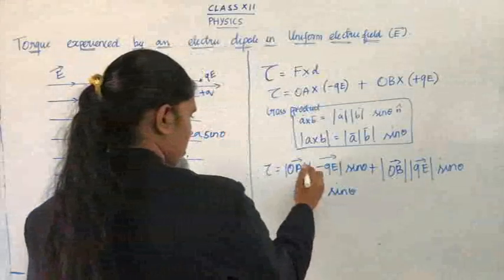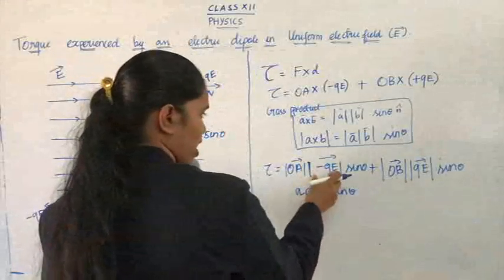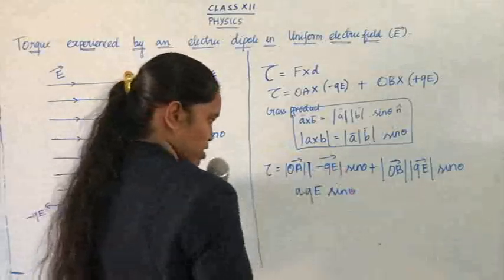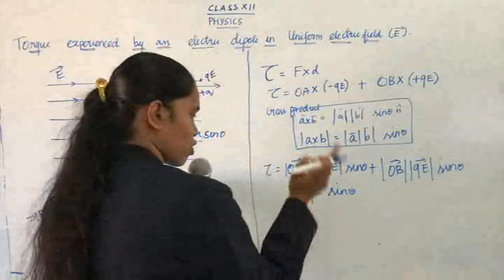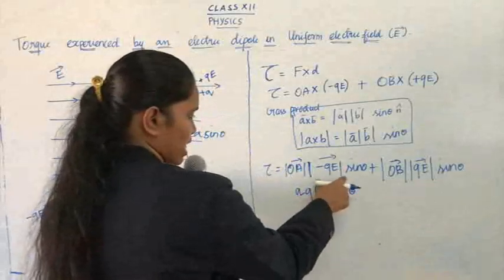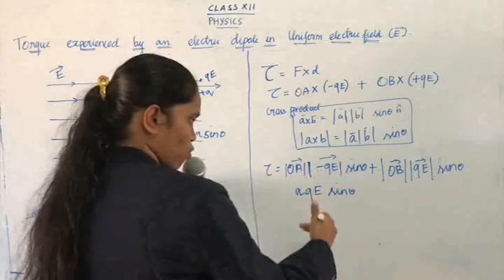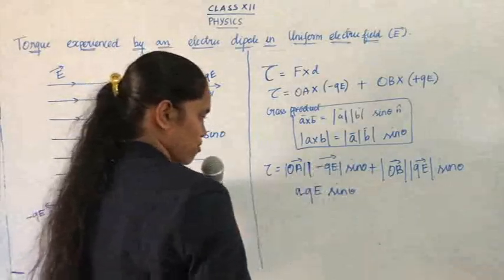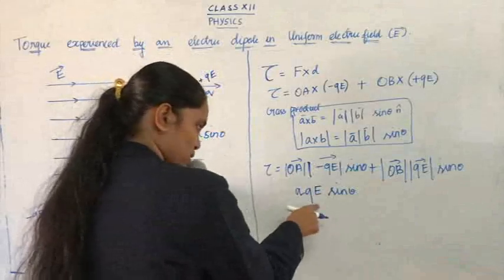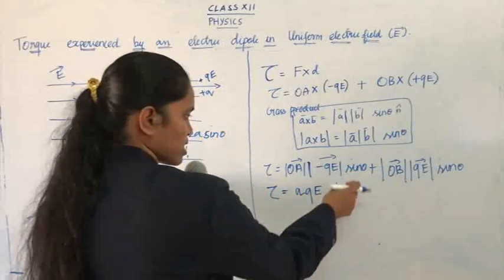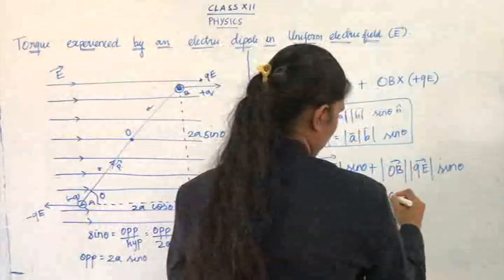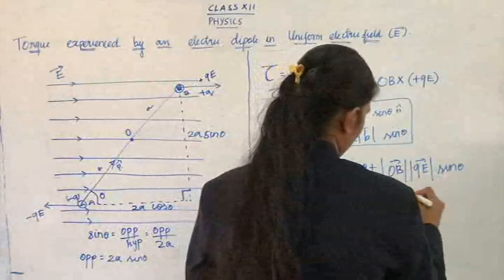As it is in a modulus form, if the minus comes outside, the negative cancels. You already studied this in 11th class. So OA becomes A, and we substitute QE and sine theta. Here also the same: A, QE, sine theta.